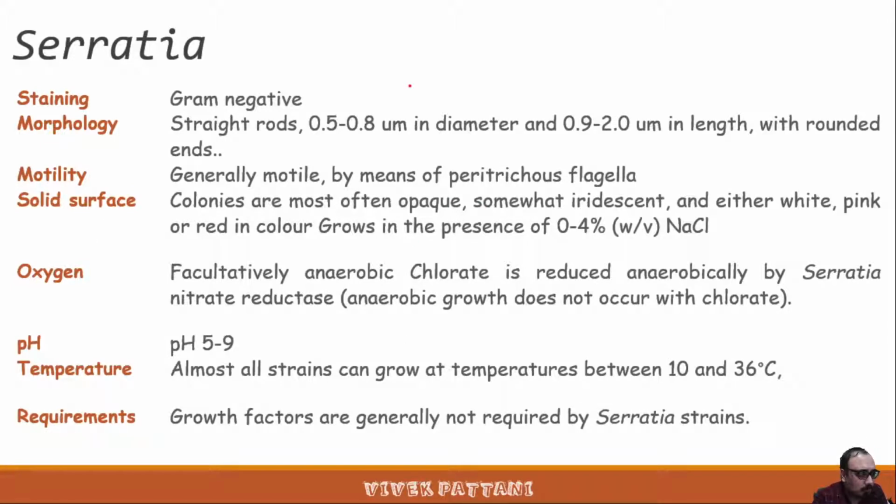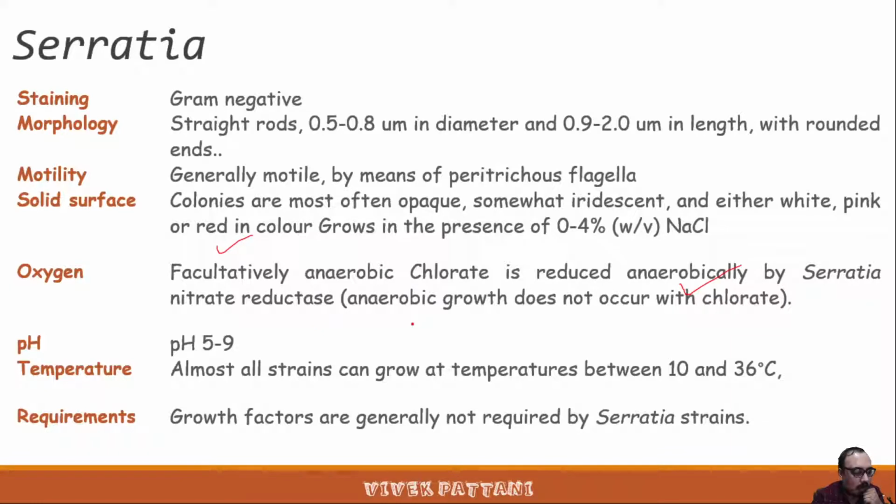Moving forward with Serratia, they are pigmented bacteria, red in color, and gram-negative coccobacilli or short rod shaped. They are facultative anaerobes, and chlorate is reduced anaerobically by Serratia, and nitrate reductase is also used.